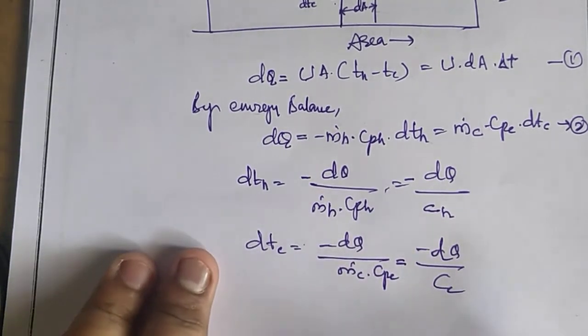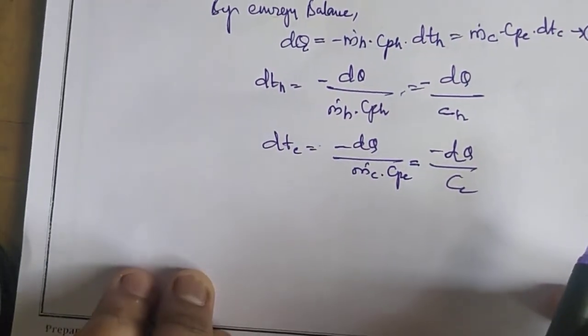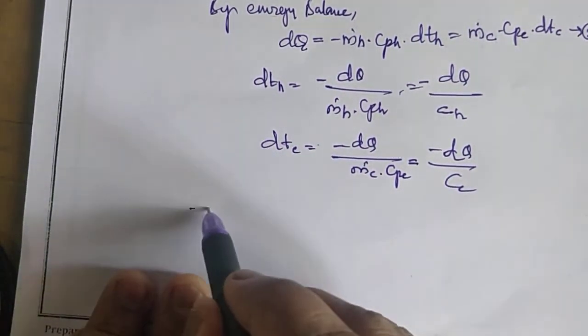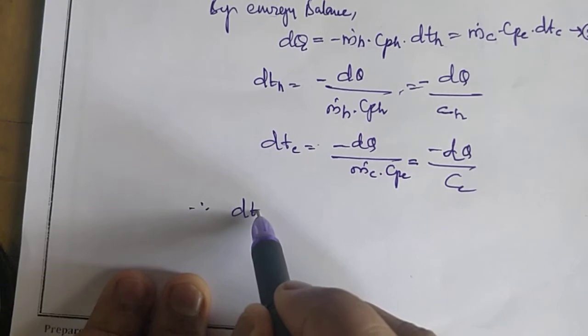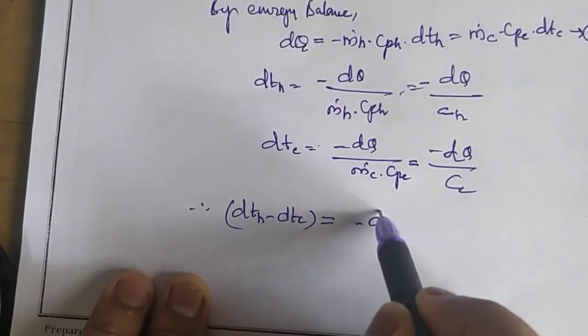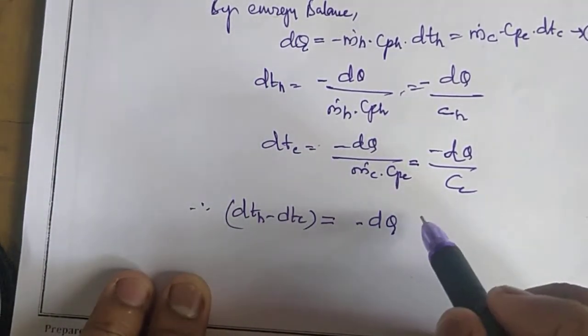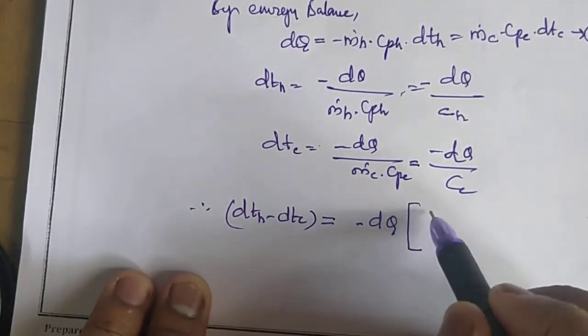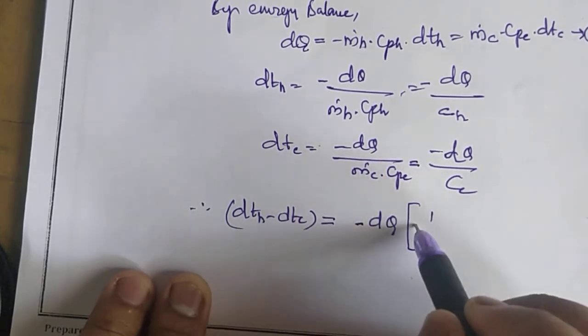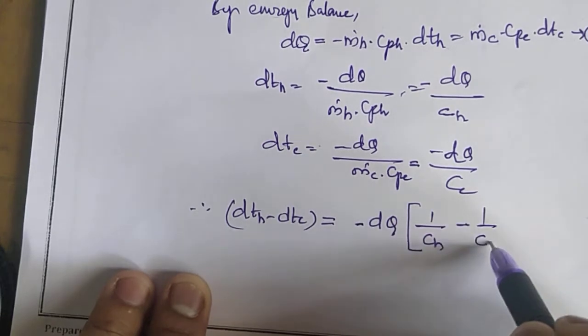These are the main observations. Taking both the equations, we can write dTH minus dTC; dq is common, so you can write 1 by CH minus 1 by CC.